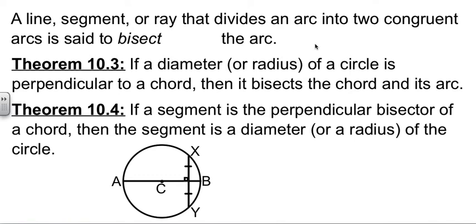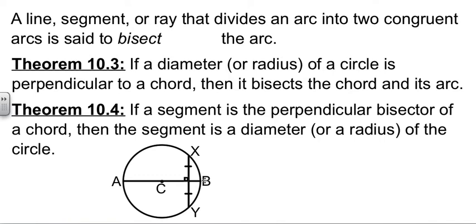And there are two theorems here that really go hand in hand. If a diameter is perpendicular to the chord, so AB here, the diameter, is perpendicular to XY, the chord, then it's going to bisect the chord and also bisect the arc. So this segment will be equal to this one, and arc XB will be congruent to arc YB.